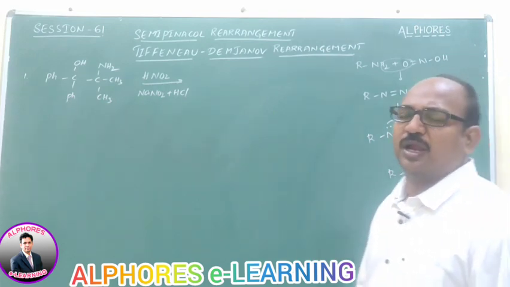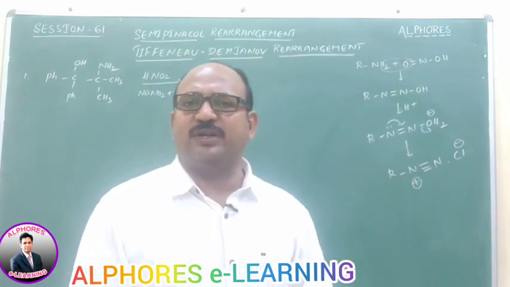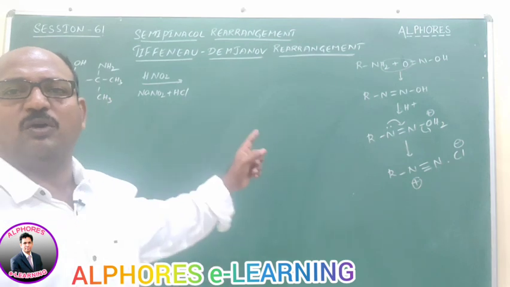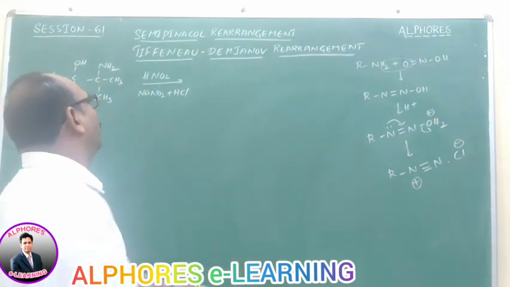This is what we call the diazonium salt. As NH2 converts into N2+, it is now a good leaving group.